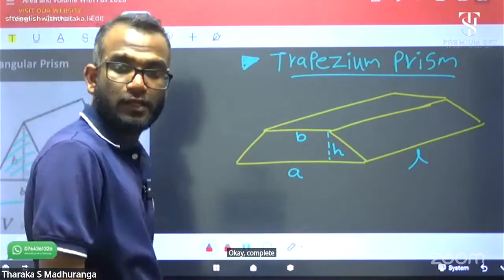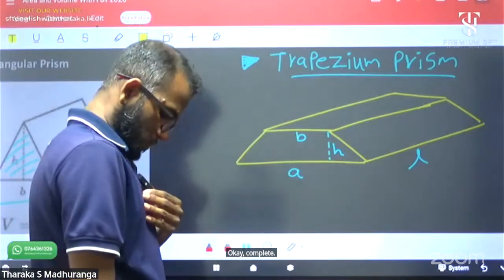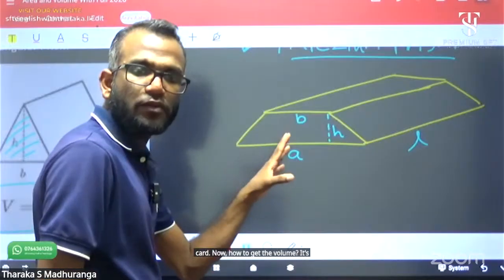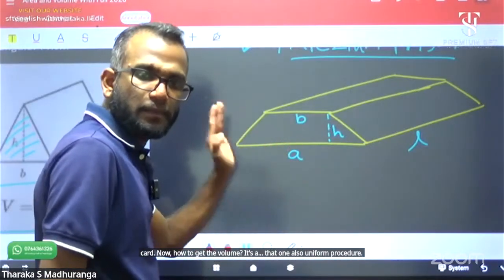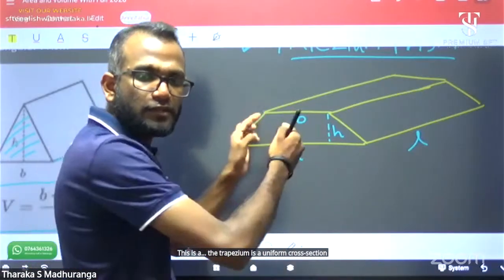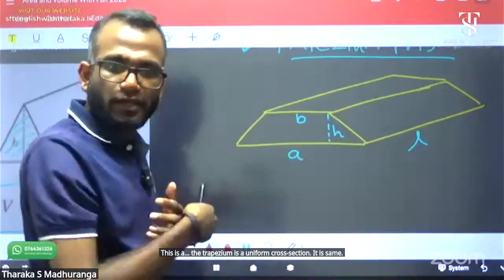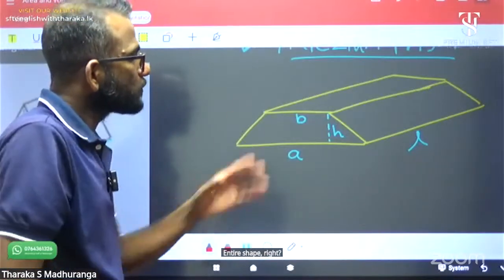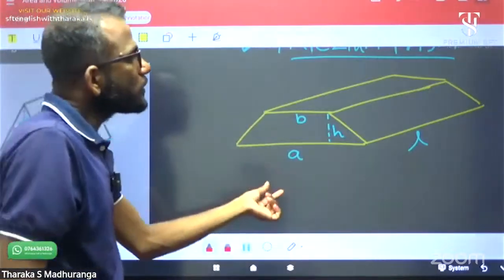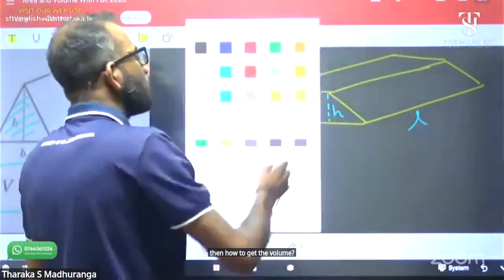Okay, complete. Now, how to get the volume? That one also has a uniform cross section. Why? The trapezium is a uniform cross section. It is the same entire shape, right? The cross section shape is the same. Then how to get the volume? The same equation.